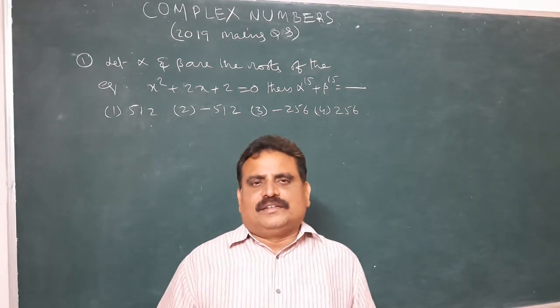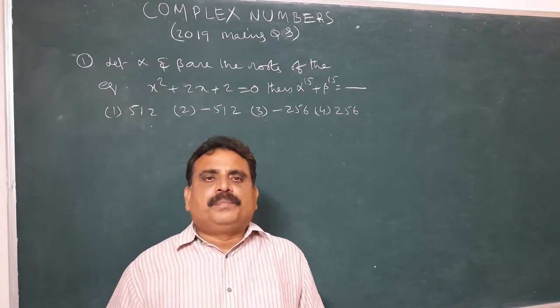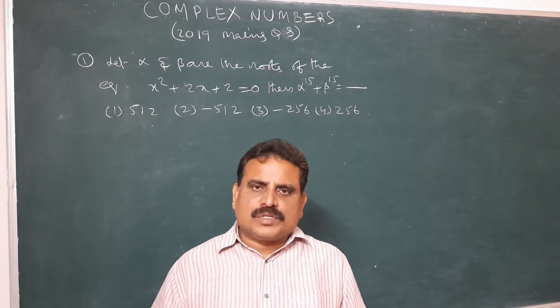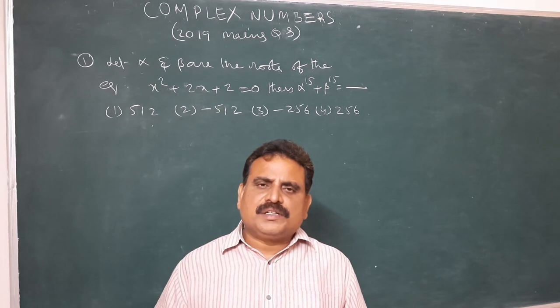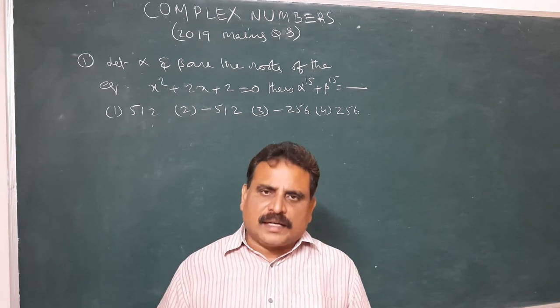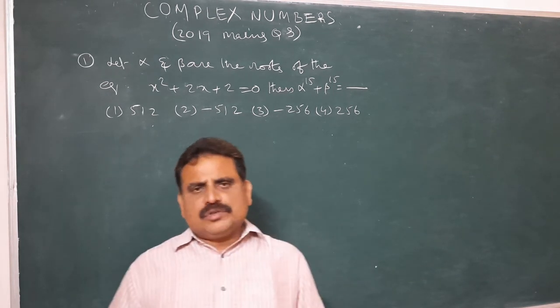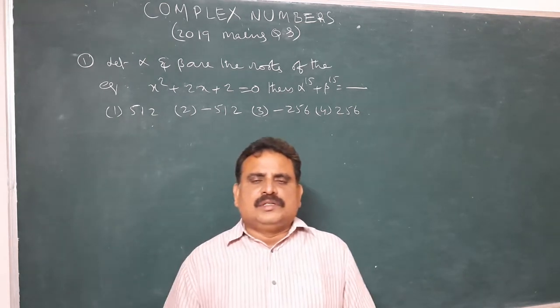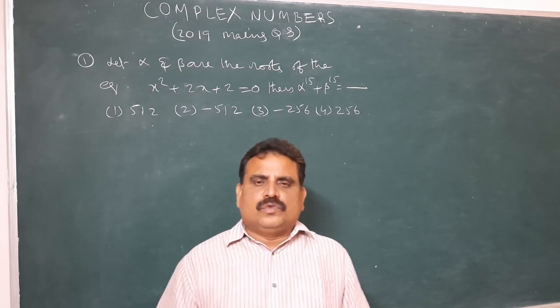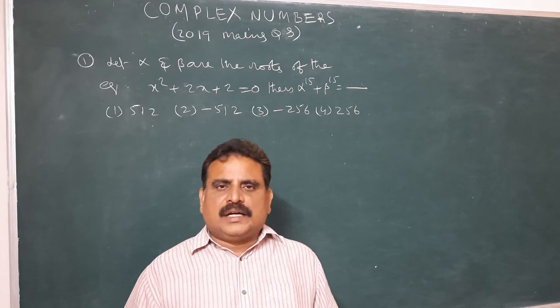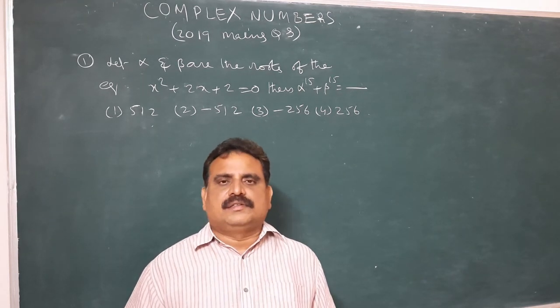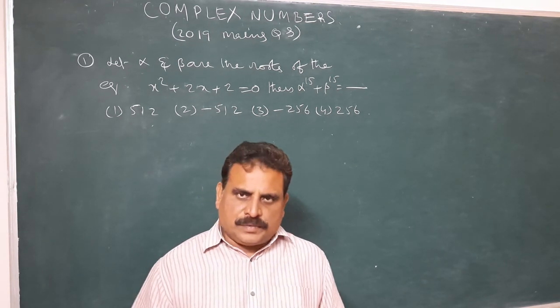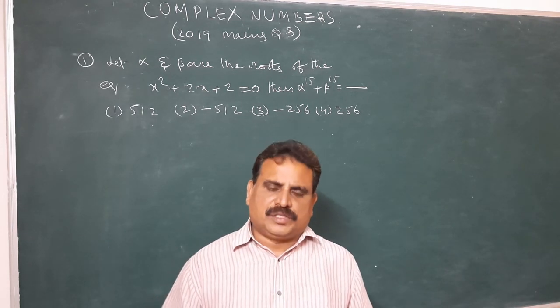In this tutorial, we discuss the previous mains questions of complex numbers, particularly in 2019. In 2019, January 4 days and December 4 days, every day two papers released, morning session and evening session.